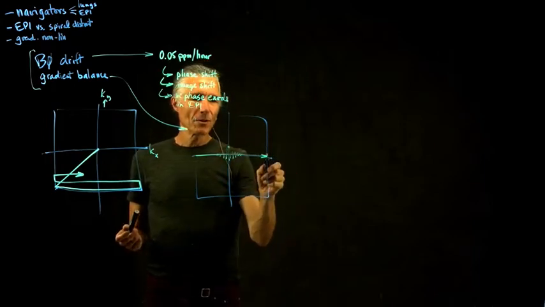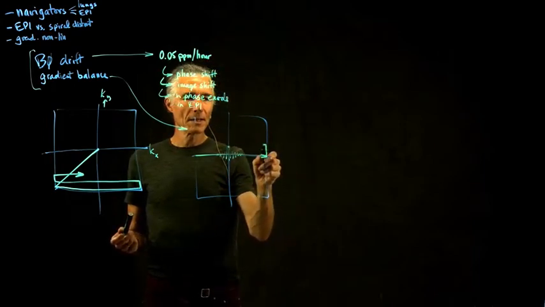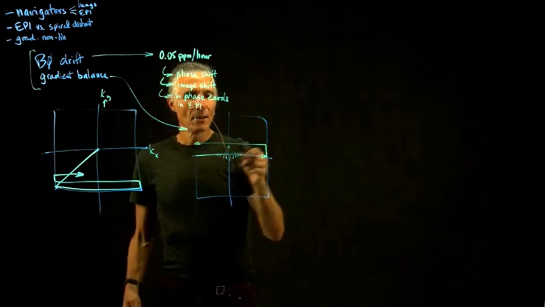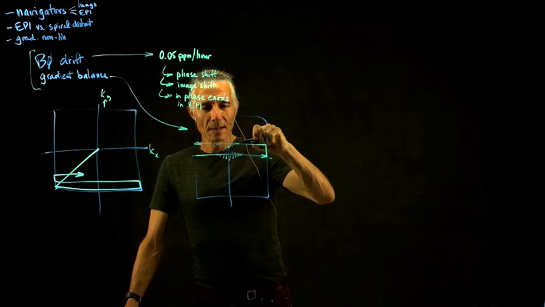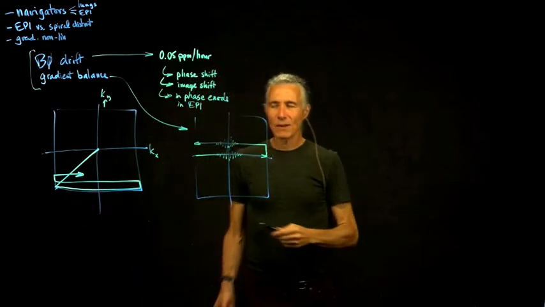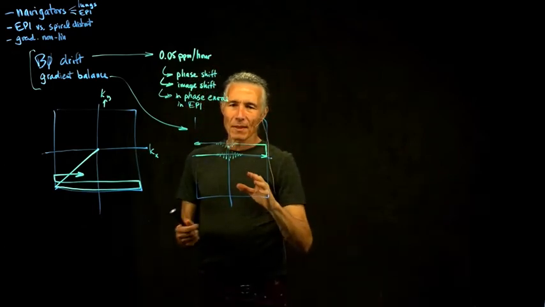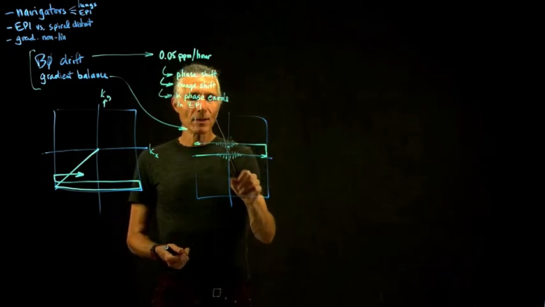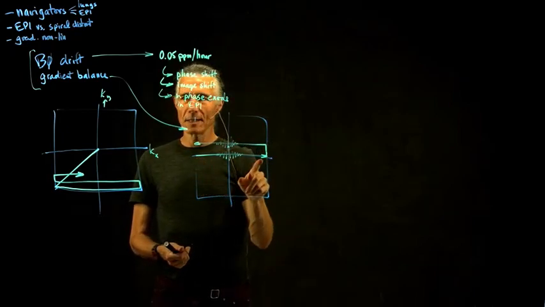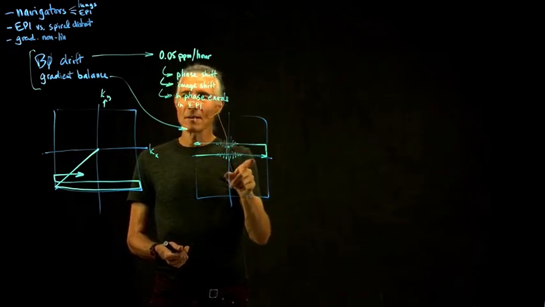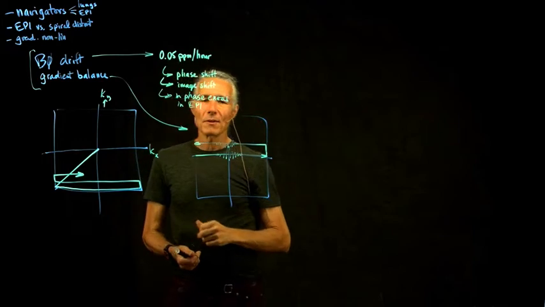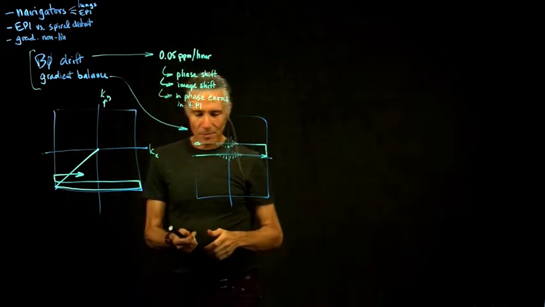And then when we turn around and go this way in k-space, you ought to get an echo that's also centered in k-space. But if the gradients are ever so slightly asymmetrical, so that they're a tiny bit stronger in one direction than another, you can get various pathologies.